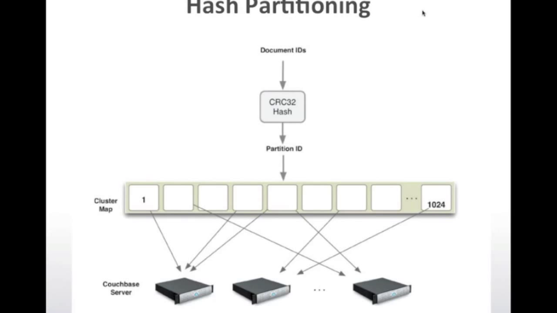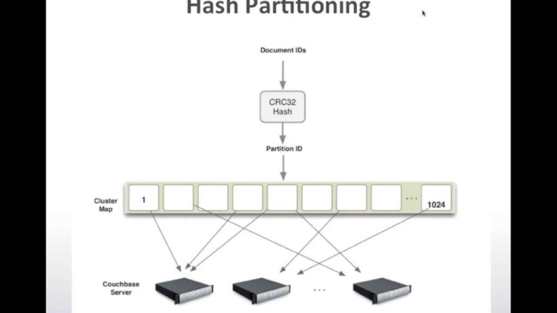Couchbase data uses a consistent hash partitioning. So we provide for a fairly uniform distribution of data across the nodes in a Couchbase cluster. The reason why it's consistent is that the data is mapped into vbuckets, and the mapping is fairly consistent, which vbucket is mapped to.